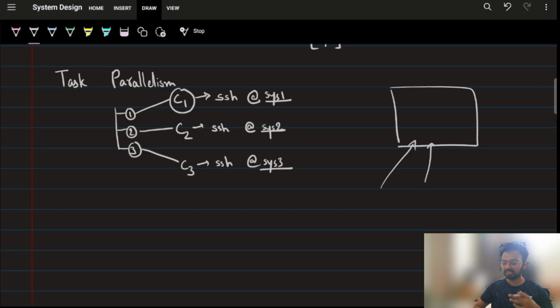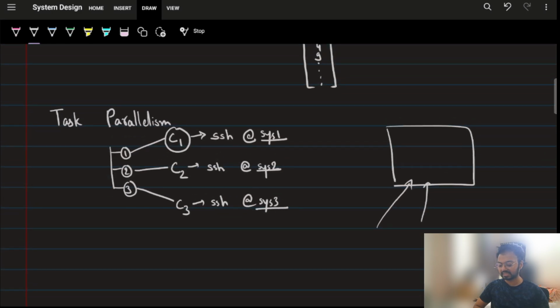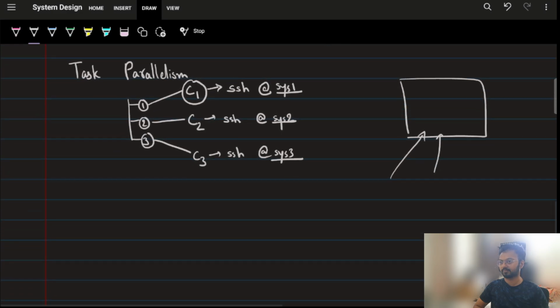So this is a very important concept that we understand, how we are working with data parallelism and how we are working with task parallelism. And these are the core important factors. When you are working with GPUs and writing your GPU program, that is nothing but data parallelism.